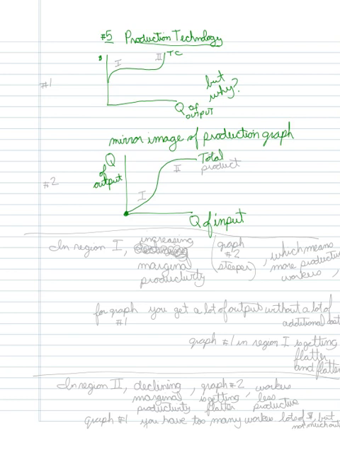But what we see is that my total product graph looks like this. That's initially getting steeper and steeper and steeper, and then getting flatter and flatter and flatter, because this is getting flatter and flatter and flatter and steeper and steeper and steeper.